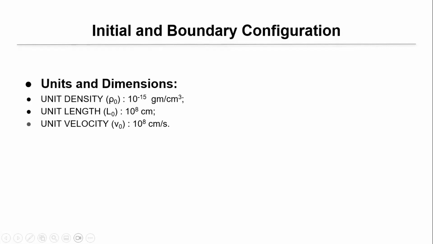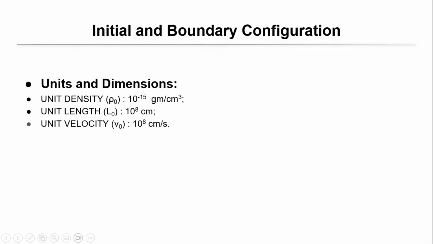First of all, we normalize the unit and dimension. In this numerical code, some of the parameters involved are length, density, and energy. Due to the introduction of these parameters, we have to specify the basic units. There are three fundamental units here: unit density, unit length, and unit velocity.